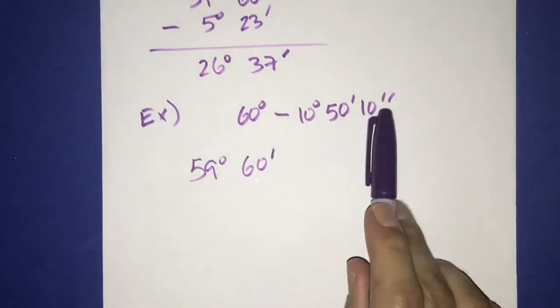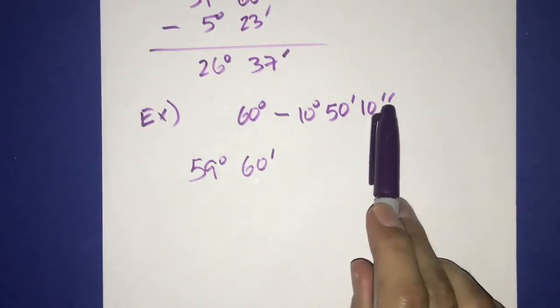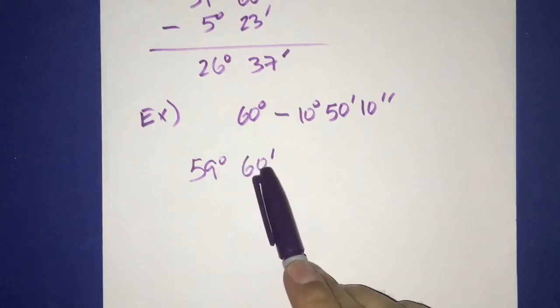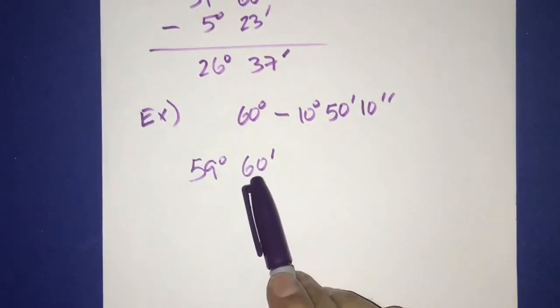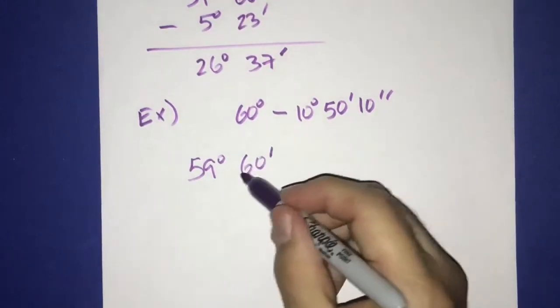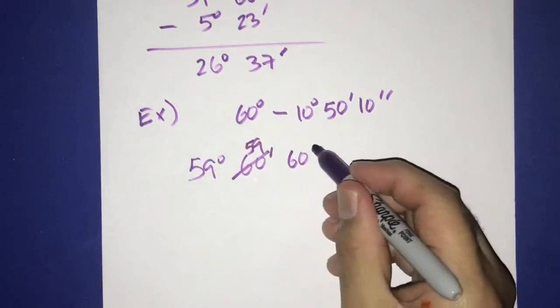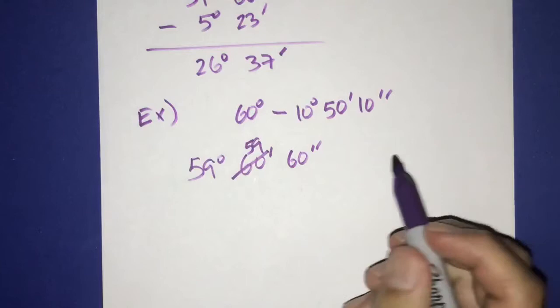Here we're also subtracting something that has seconds, so we're going to have to regroup from this one. As we remember from our conversion, 1 minute equals 60 seconds, so we're going to make this 59, and we're going to add 60 seconds to this right here.